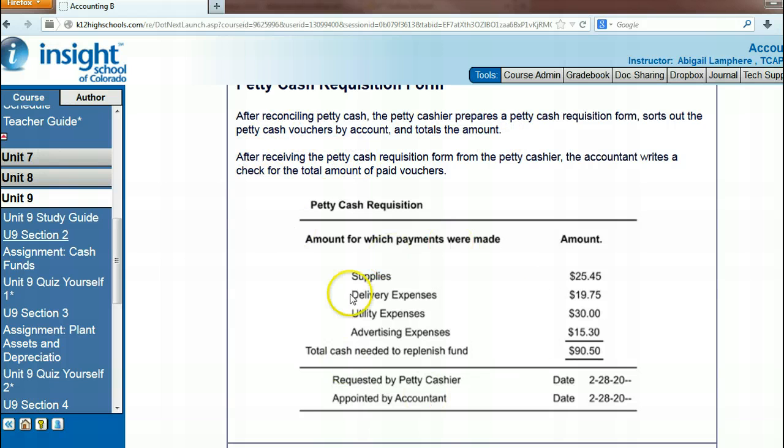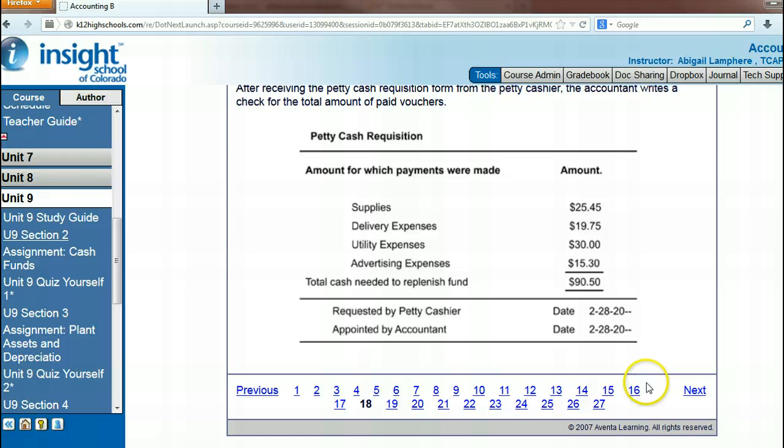So they lay out all their cash vouchers, they add up all the supplies, the delivery expenses, utilities expenses, advertising expenses, so that they'll each go to the correct account, and then total cash needed to replenish the fund. So this is how much money was taken out for these different expenses, and how much we need to put back in to replenish our fund.